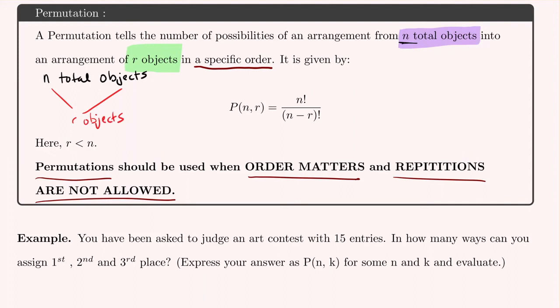Once you've identified those two numbers, we write the expression mathematically as the permutation of n objects to r objects is equal to n factorial, calculate that separately, divided by parentheses n minus r factorial. And remember, when parentheses are involved, we have to subtract first before we apply the factorial symbol.